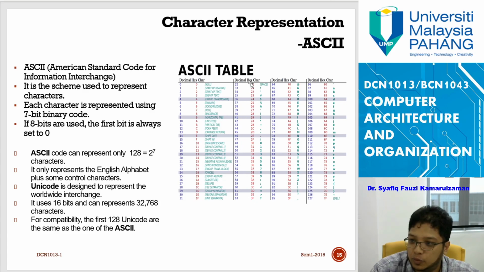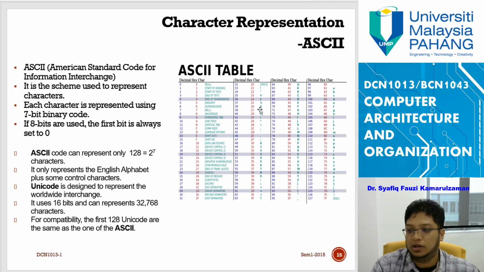In the case of 20, that is 00100000. So this represents the alphabets. You have this ASCII table, and if you have a certain binary, you can convert it into alphabets based on this ASCII table.